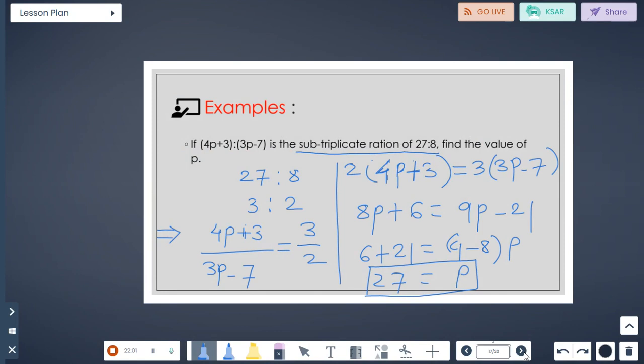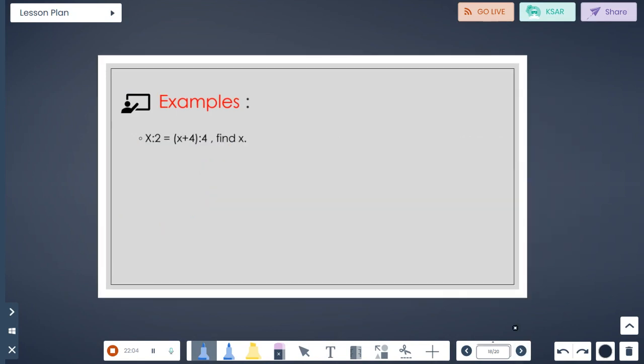So next question. x is to 2 is equal to x plus 4 is to 4. Find the value of small x. We know that this can be written as x upon 2 is equal to x plus 4 upon 4. After cross multiplication, we get 4x is equal to 2 in bracket x plus 4.